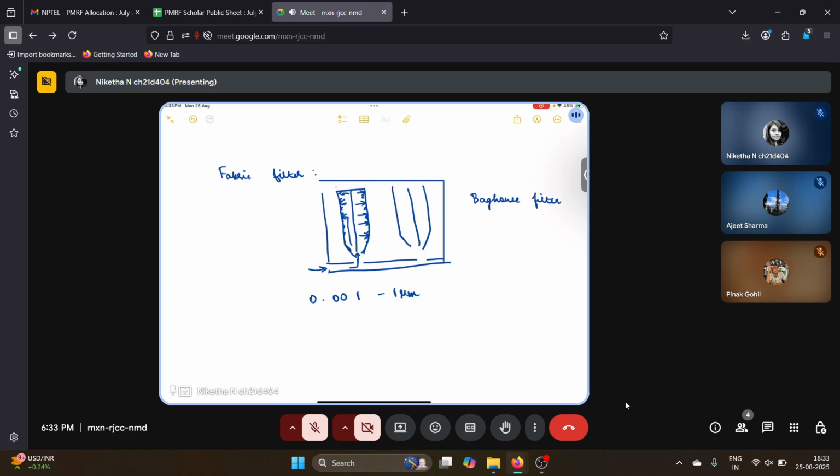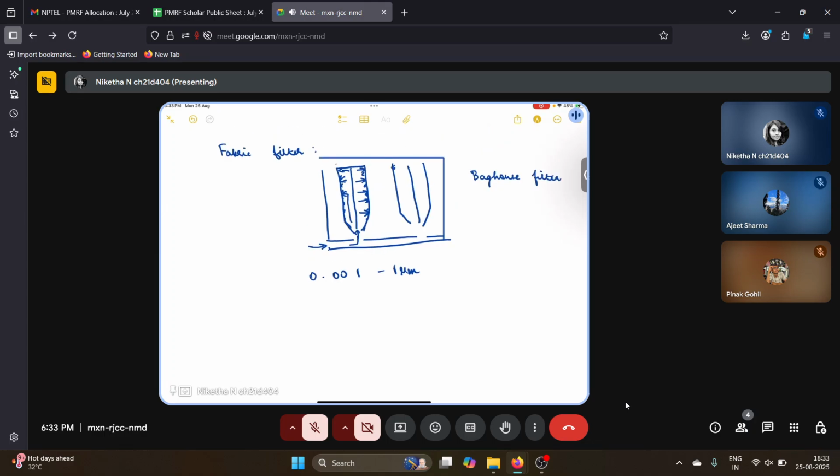Once we stop the air supply, these filters tend to be loaded with particles, and when the particle loading on the filters is heavy, no more air can pass through, and it will create a pressure difference. That means we cannot use the filter anymore unless we remove all the attached particles.